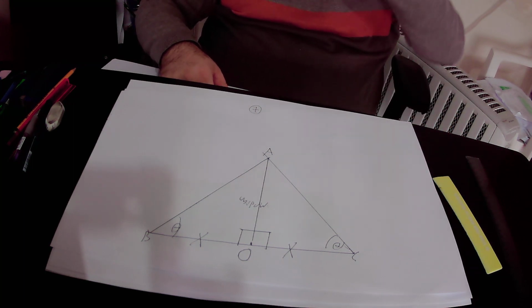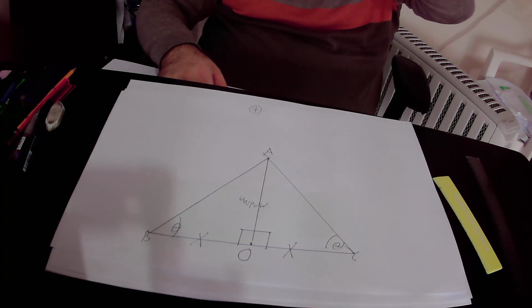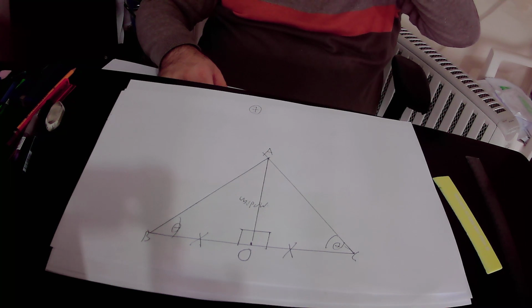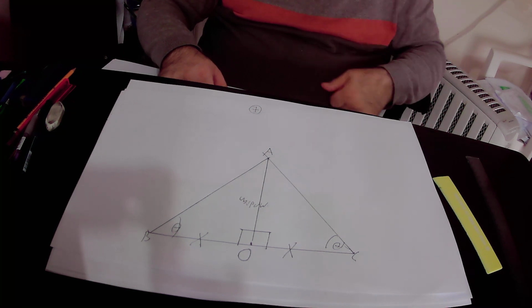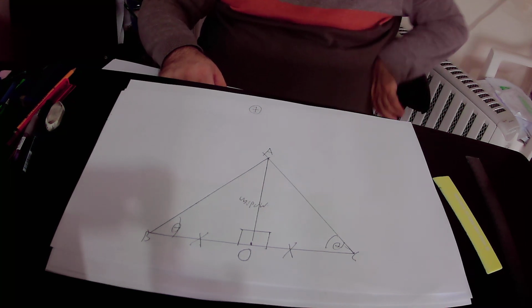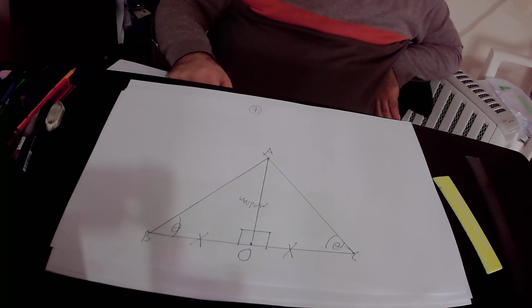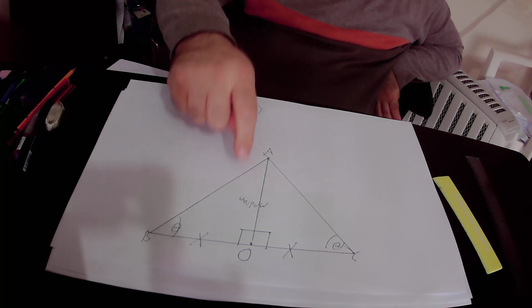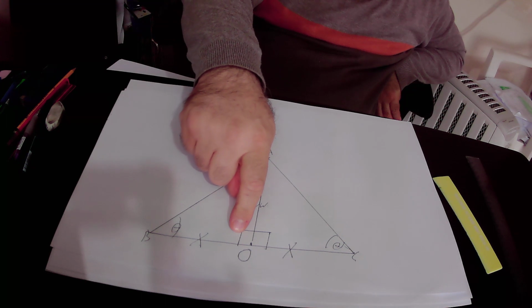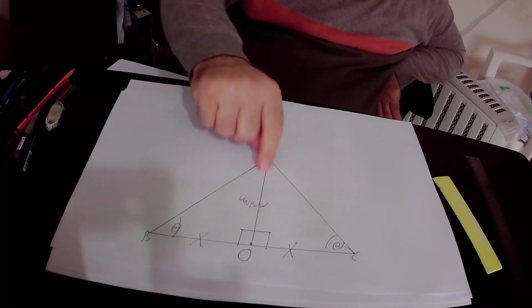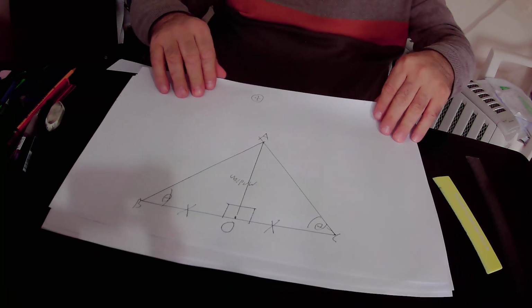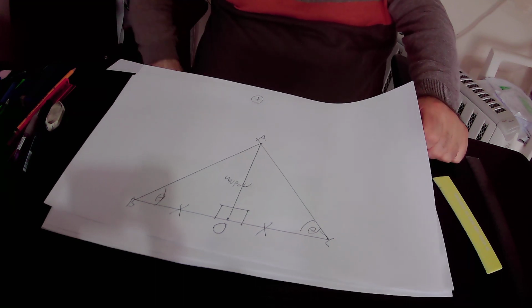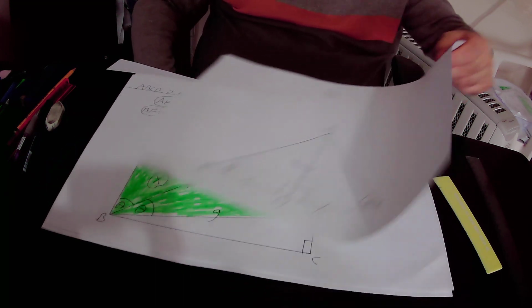So, when you draw a median to the base in an isosceles triangle, then that median will be perpendicular to the base. In this case, this angle will be equal to 90 degrees, and this angle will also be equal to 90 degrees. Okay, so we can implement rule number 3 in our drawing.